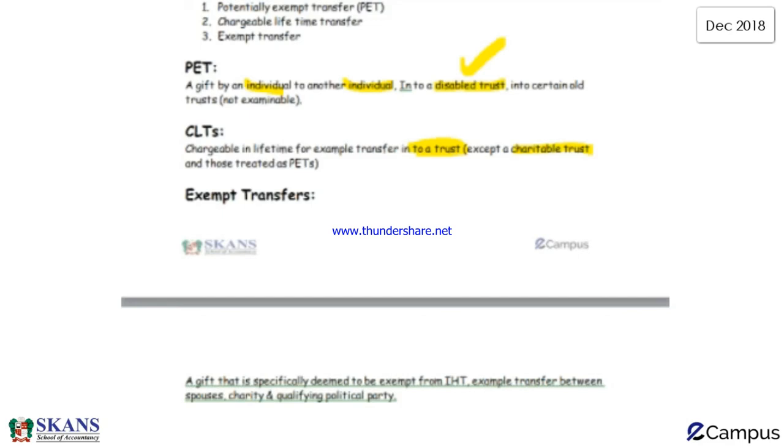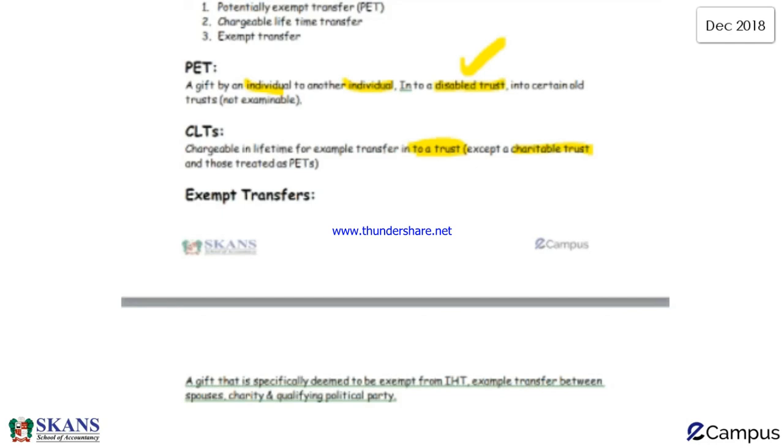First of all, what are potentially exempt transfers? Any transfer made by an individual to another individual, or to one particular trust which you have to keep in mind, a trust for a disabled person or disabled person trust, is considered a PET, a potentially exempt transfer. Whereas transfers made by an individual to any trust, except for trusts working for charitable purposes and those trusts treated as PET, that is the disabled trust, are treated differently.